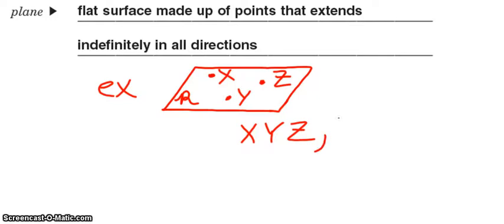You could always change it up and you could put Y, X, Z. That is fine. Or you could put Z, Y, X. Or Z, X, Y. Again, the order does not matter, and you need 3 letters to represent that plane. When you write it down, only use 3 letters. We can also represent this plane by a capital cursive R.